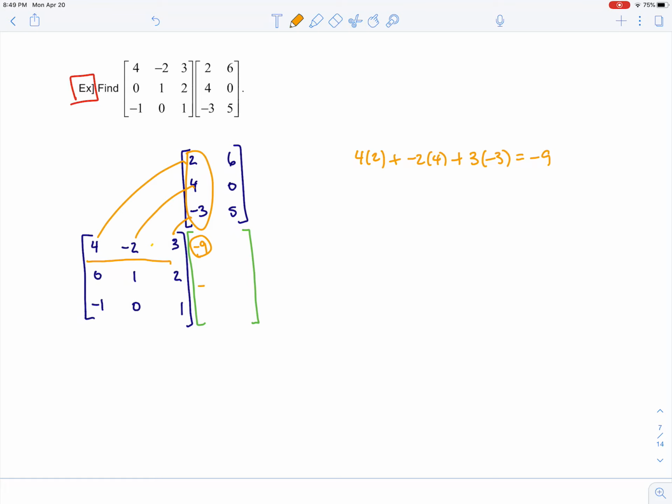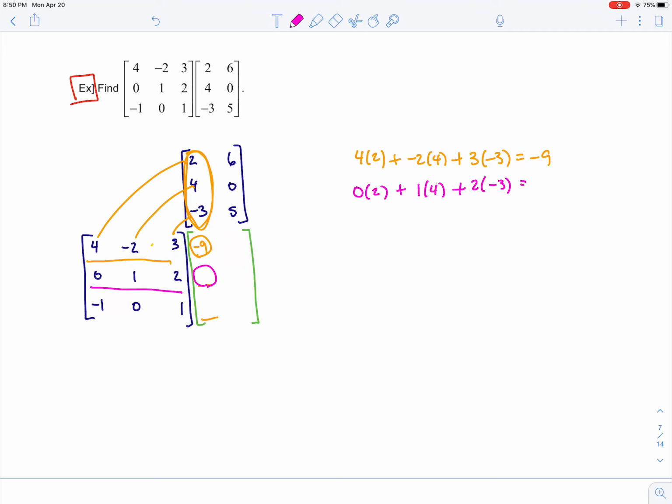Okay? Now, to get these next two spots here, I'm going to use the same column I circled here, but we'll just move down the rows. So for this next one, I have to use this row. So I'll have 0 times 2 plus 1 times 4 plus 2 times -3.